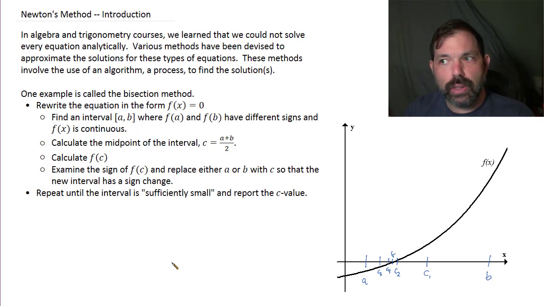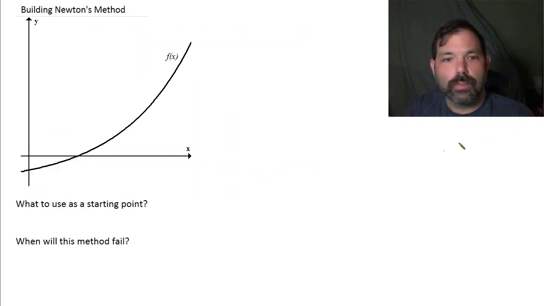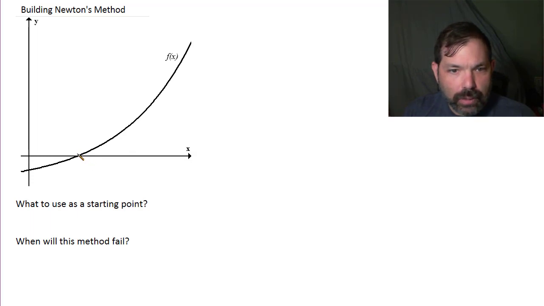Now let's look at the method that we're most concerned about in this section, and that's called Newton's method, and we'll build it from scratch. So here's that same graph. What we're trying to do is find this point right here, the root of the curve, and here's my function f of x.